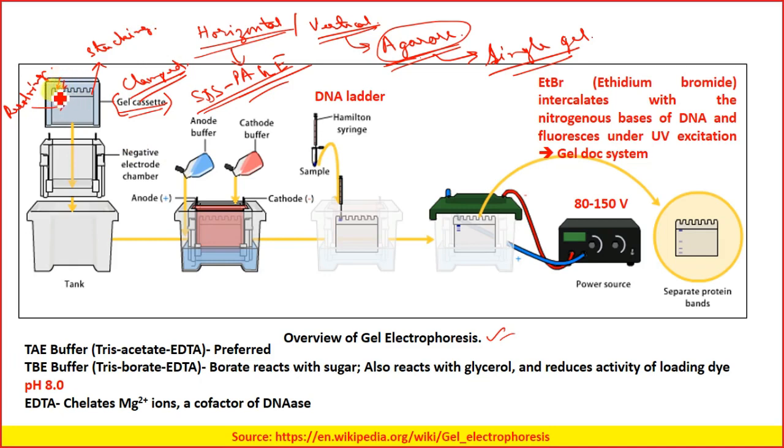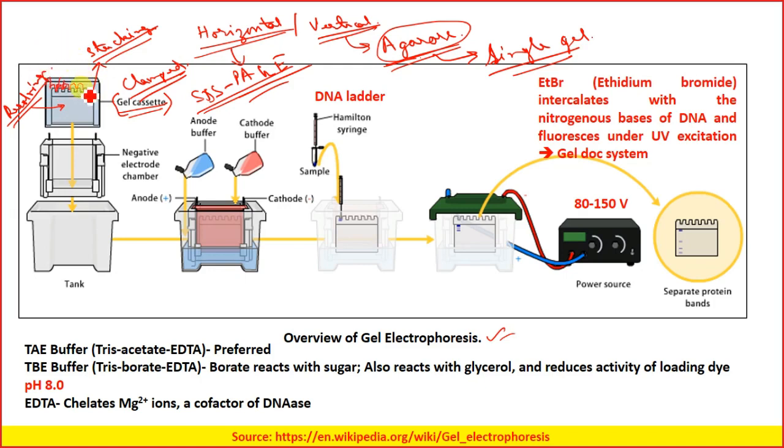Initially the resolving gel is cast, and then upon that the stacking gel is cast, and while the stacking gel is cast, the comb is put over here in this fashion. That helps you to create the well.